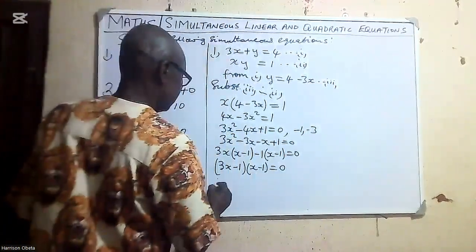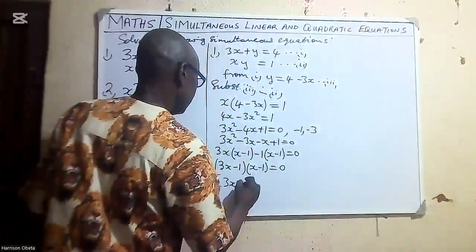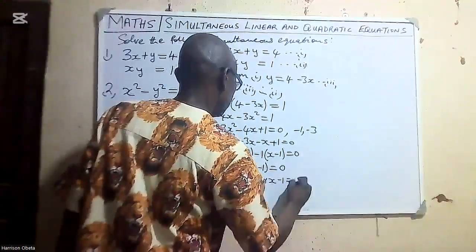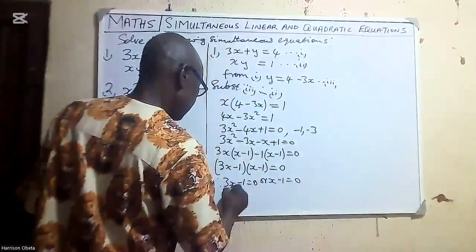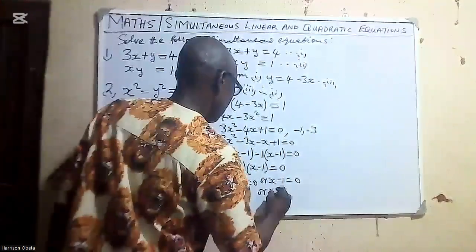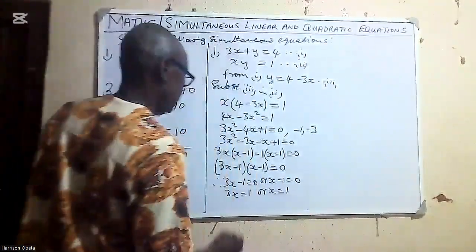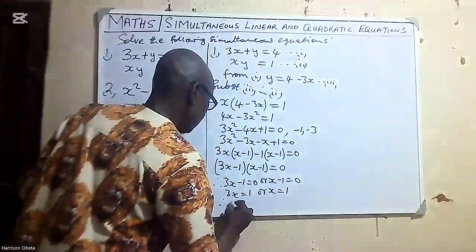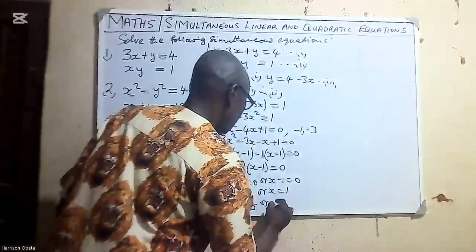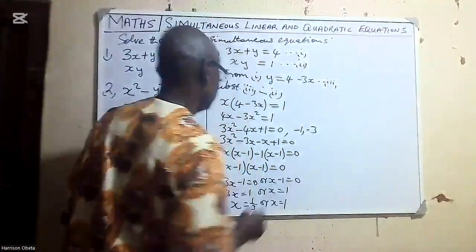And that means that 3x minus 1 is 0, or x minus 1 equal to 0. Here, 3x is equal to 1, or x equal to 1. And that means that x is either 1 over 3 or x equal to 1.